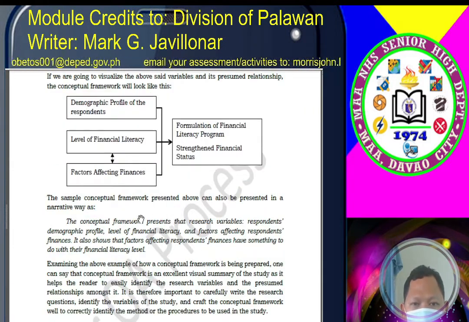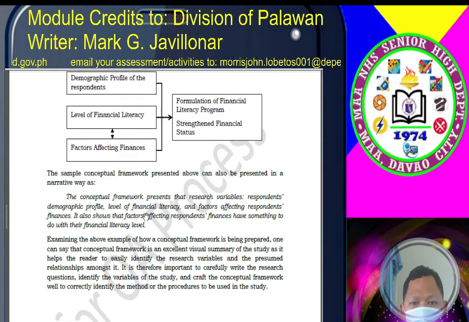Okay, the sample conceptual framework presented above can be presented in a narrative way. The conceptual framework presents the research variables: respondents' demographic profile, level of financial literacy, and factors affecting respondents' finances. It also shows that factors affecting respondents' finances have something to do with their financial literacy level.